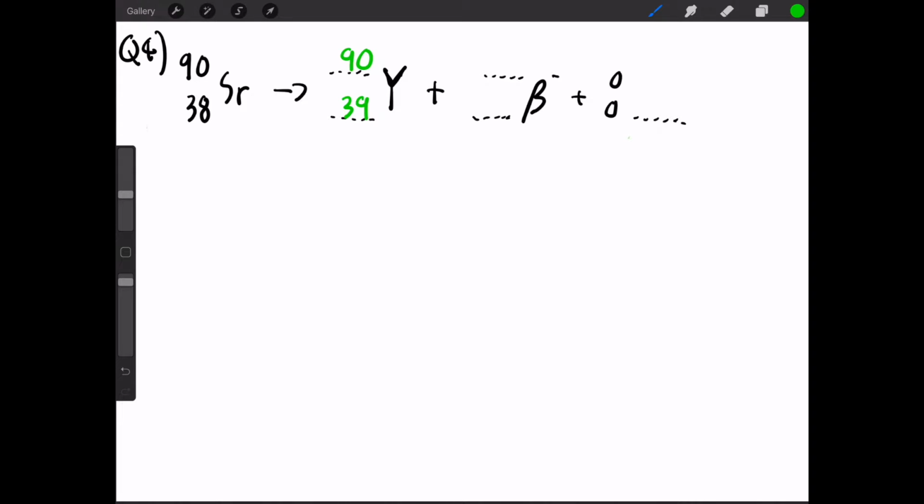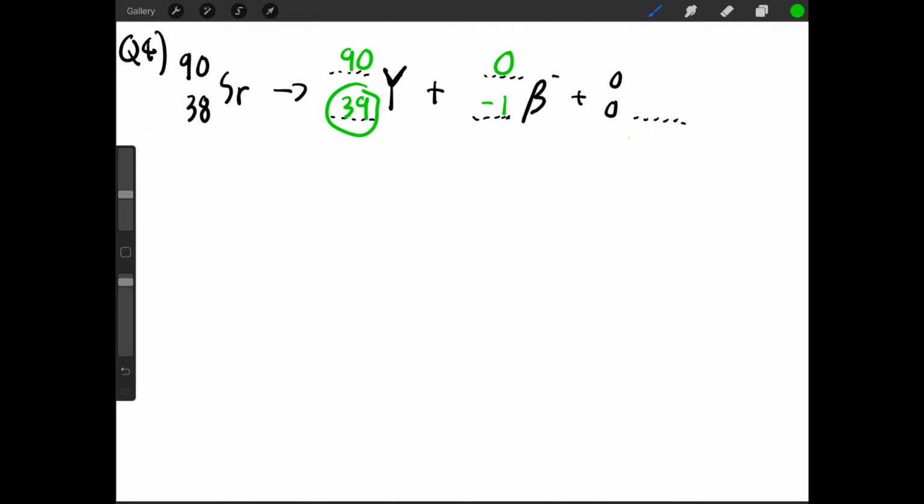at 90. Of course, charge is always conserved in these cases, so we've got an extra proton charge, so we have to emit an electron as well in order to balance that charge. Electrons don't have any nucleon number and it's a -1 charge.